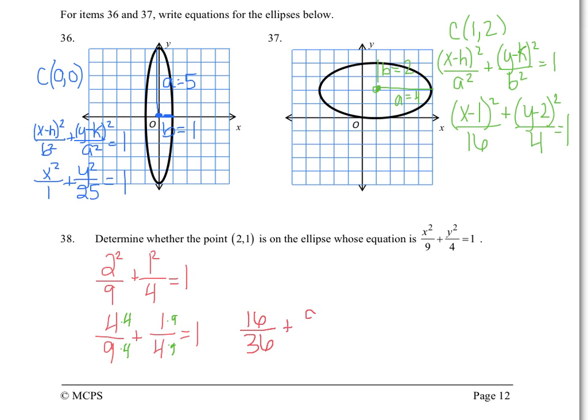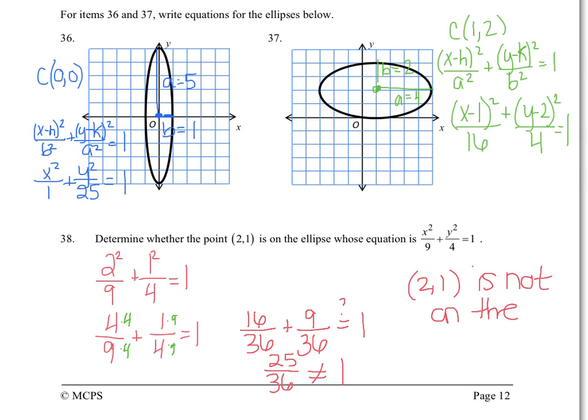Plus 1 times 9 is 9 over 4 times 9, which is 36. And I want to know, does that equal 1? Well, now that they have the same denominator, I can add my numerators, keep my denominator. 16 plus 9 is 25, and 25 over 36 does not equal 1. So 2, 1 is not on the ellipse.